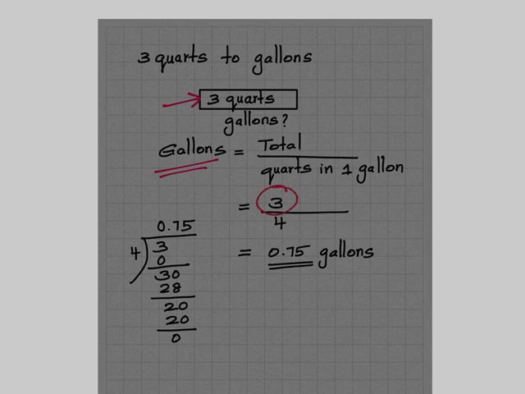So the total here is 3 divided by the number of quarts in 1 gallon, which is 4. So 3 divided by 4, 3 is the dividend, 4 is the divisor, and when we divide, we get 0.75. The answer is 0.75 gallons. That is how quarts is converted to gallons.